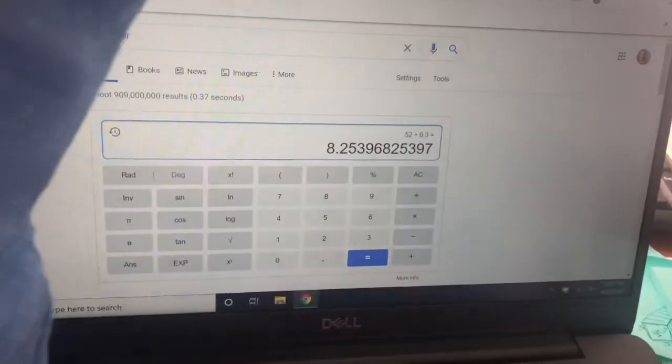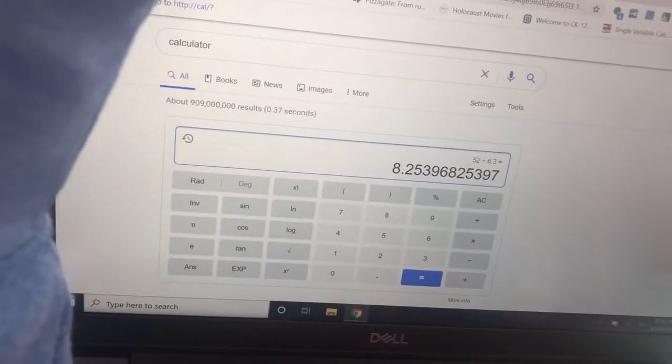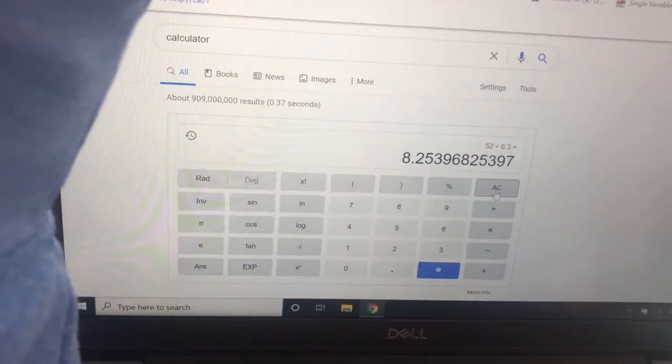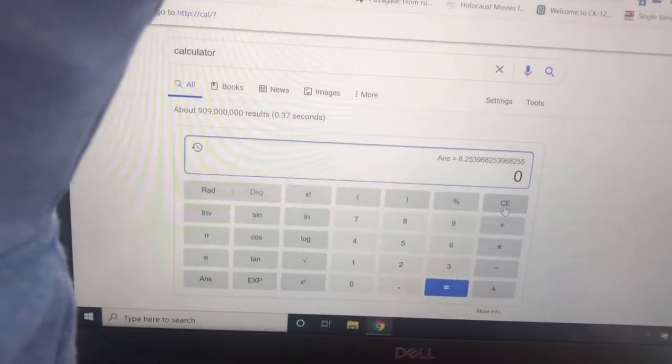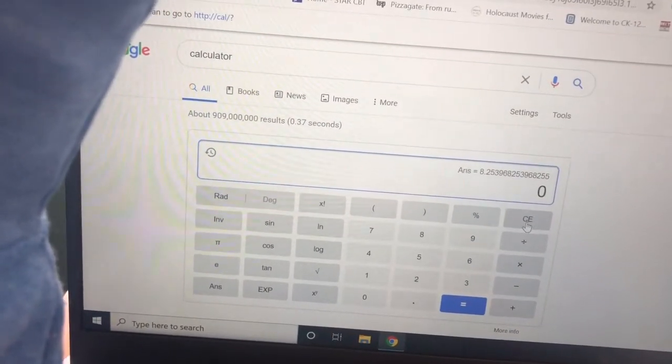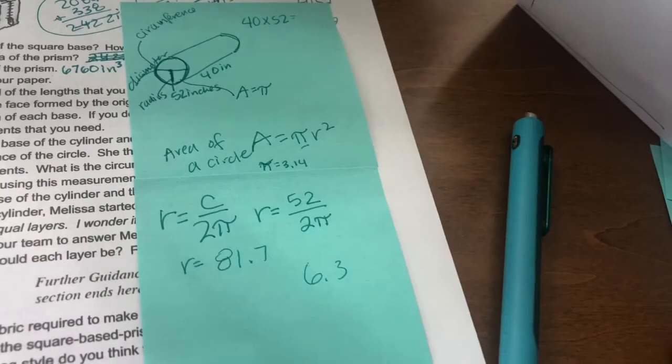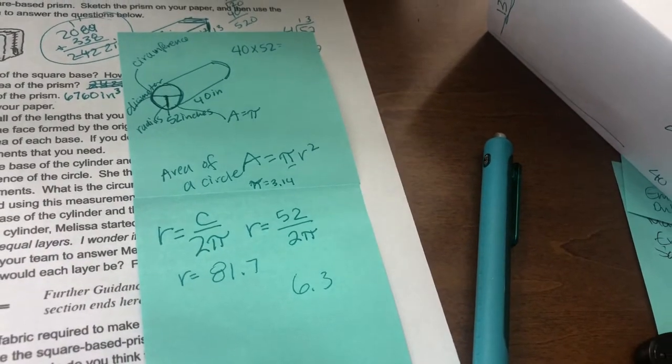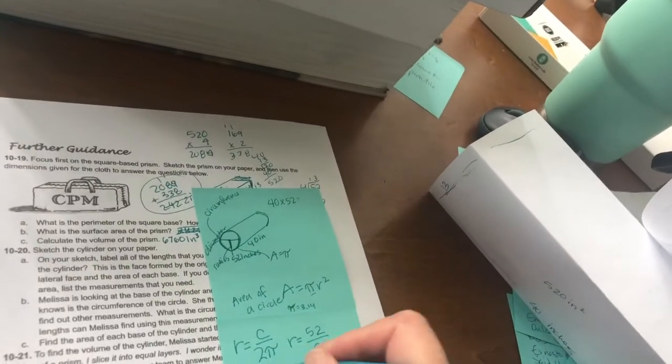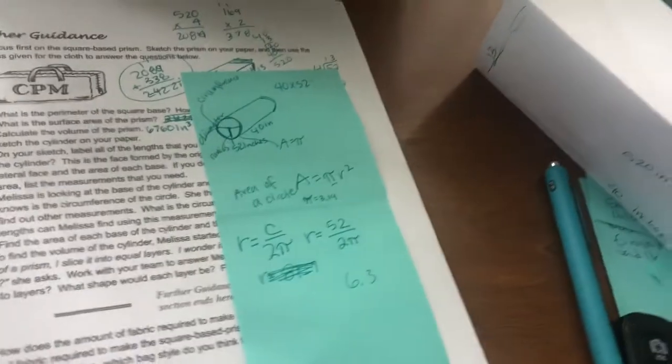And I'm back. Okay, so I'm going to do this a little differently. Let me clear this first. Here's my calculator. I'm going to use my formula here, and I'm going to multiply 2 times pi first.